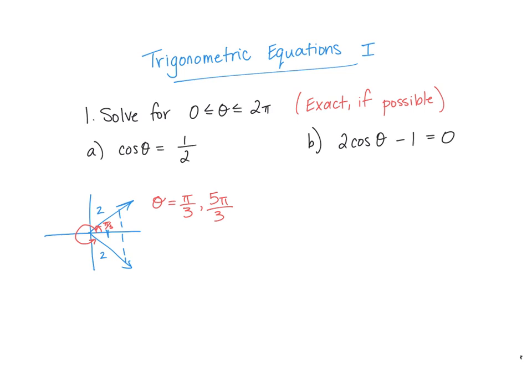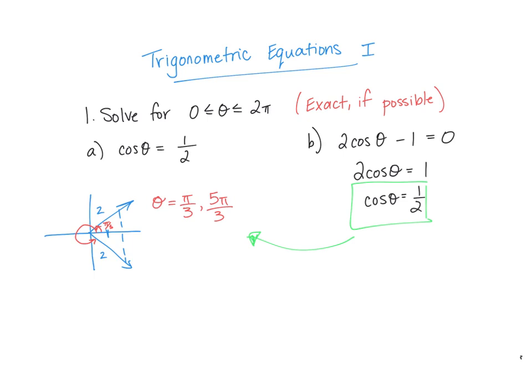Awesome. What I'm hoping we notice in question 2 is that I've written this as 2 cos theta minus 1 equals 0. I'm hoping we can quickly solve this equation by isolating for cos theta. We notice that we get back to cos theta equals 1/2, at which point we would be solving the exact same trig equation.